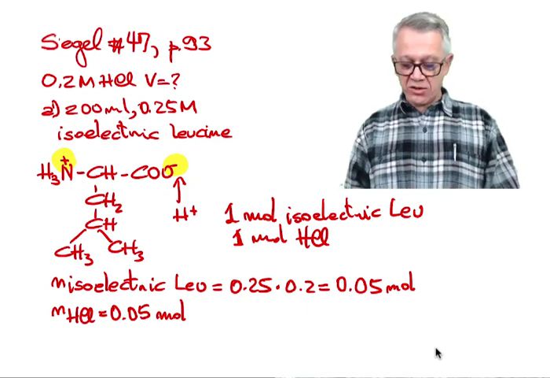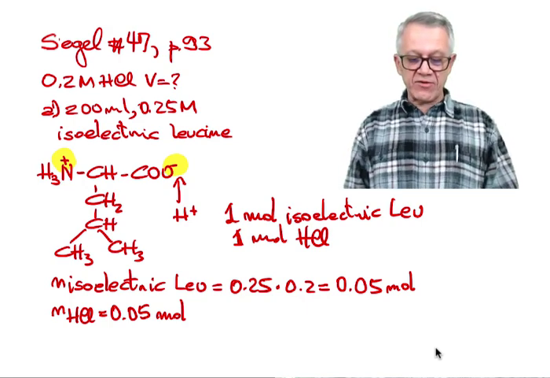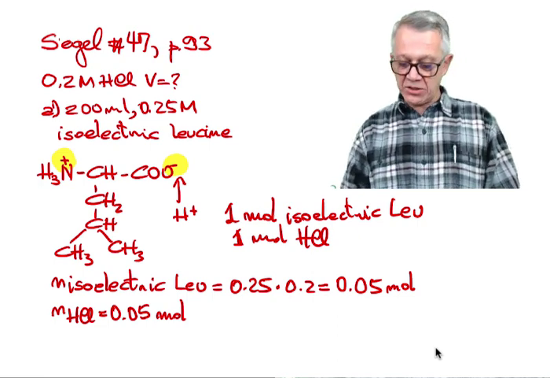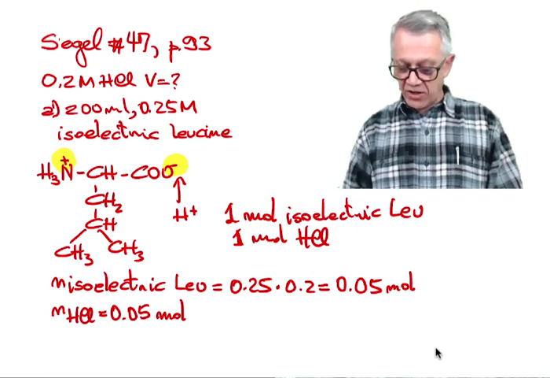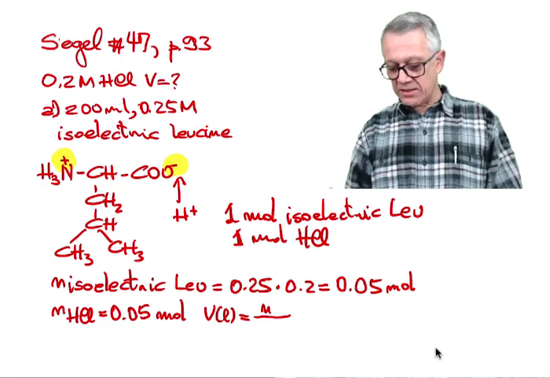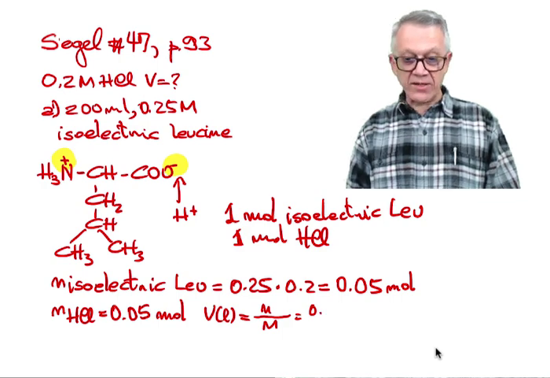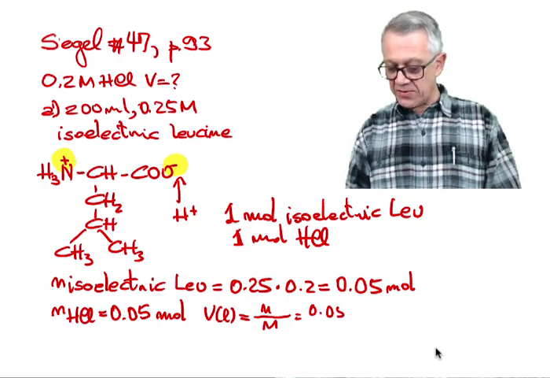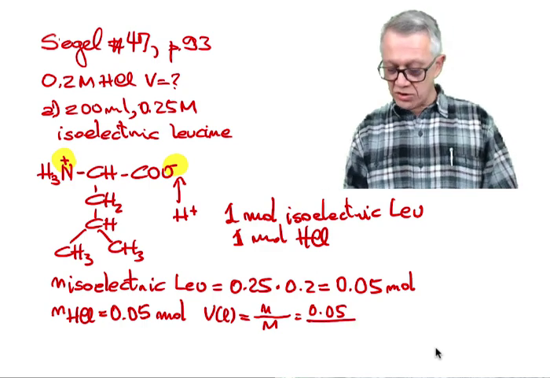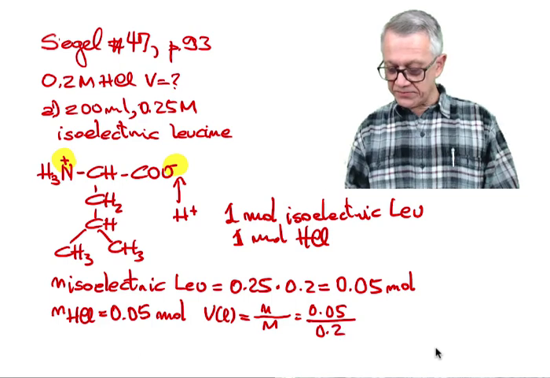All right, so now we know how much HCl we need, and we have a 0.2 molar HCl solution, so we can calculate the volume. The volume, as we did many times, is going to be the number of moles divided by the molarity, not molecular weight: 0.05 divided by the molarity of that solution, which is 0.2.